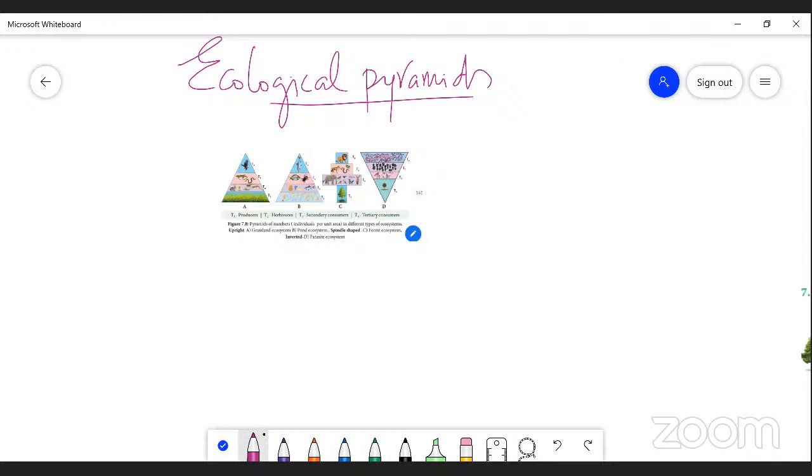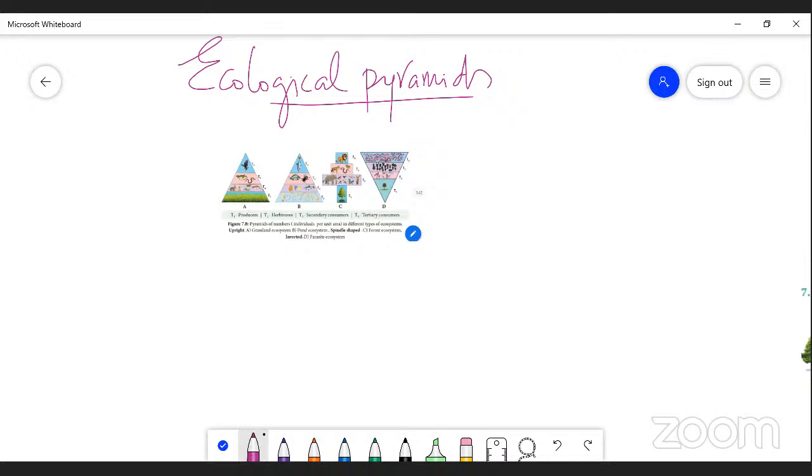It is a diagrammatic representation of various levels of organisms: how they are occupied and interconnected with each other, and how the number of organisms, the biomass and the energy flow vary from one trophic level to another.